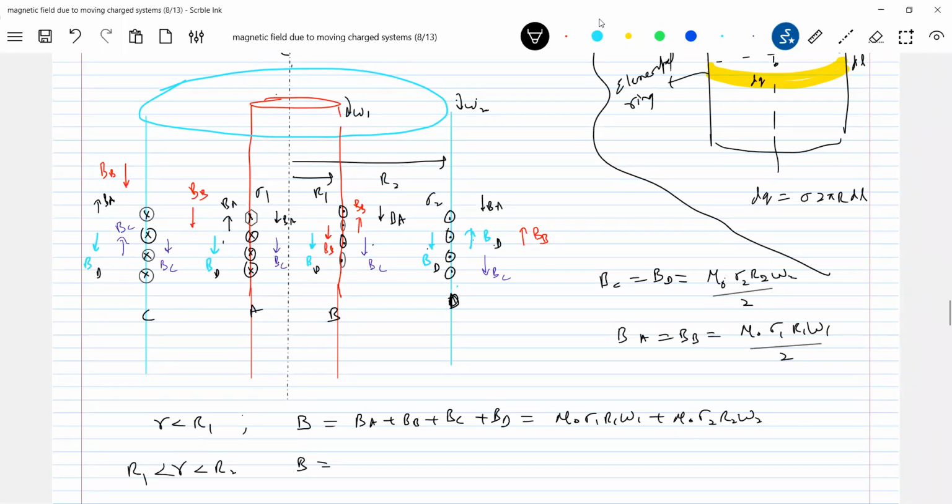Now for R between R1 and R2, C and D will add up, whereas due to BB and BA will get cancelled. Only due to C and D it will be there. You check it now. BA minus BB will come. BC plus BD. So only due to mu naught sigma 2 R2 omega 2.